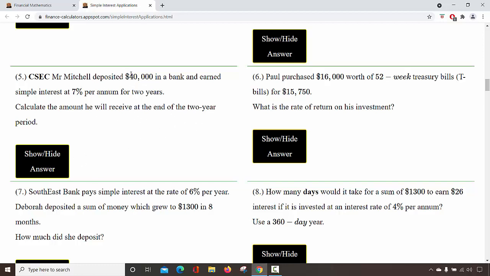In this case, P is 40,000. R is 7%, which you convert: 7 divided by 100 gives you 0.07. And T is 2 years. So we are looking for A.